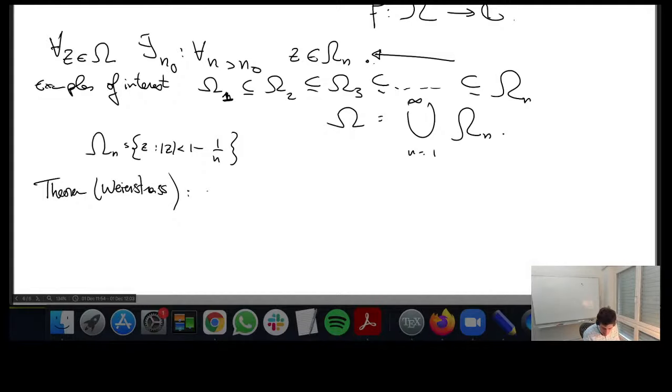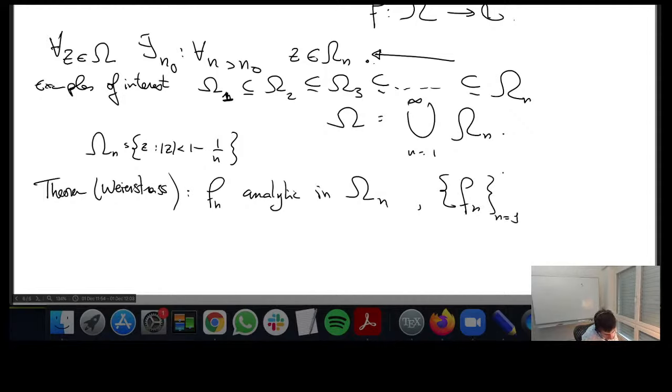Okay, so if you have f_n analytic in omega_n, and f_n, as n goes to infinity, goes to a function f in omega, so in particular, for any z, this needs to be defined.